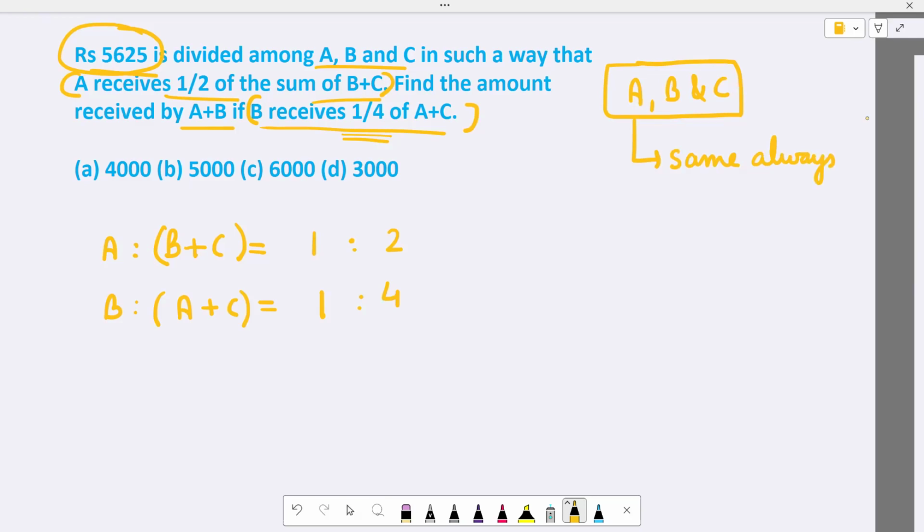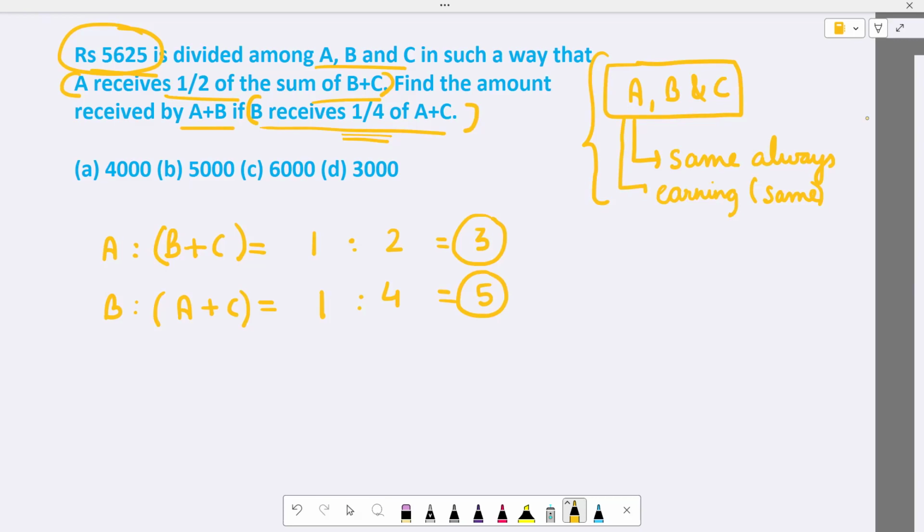The amount of work they can do, or perhaps their earning, will also be the same. So here, if we add the ratio of the amount that they are receiving, we get that here the sum is 3 and here the sum is 5, which are not equal. But as I just explained, the work they will do or the amount that they will receive will always be the same no matter what happens or no matter where they go.